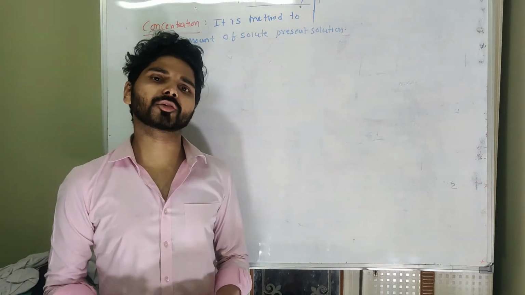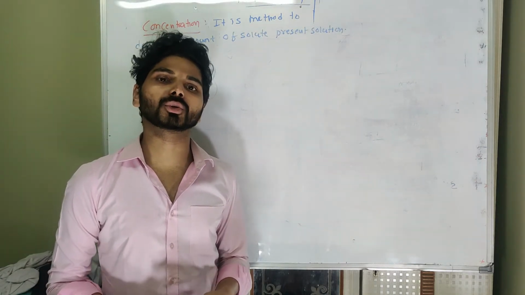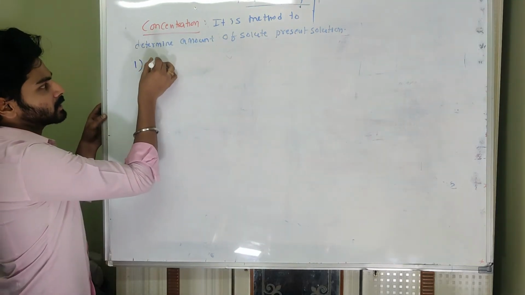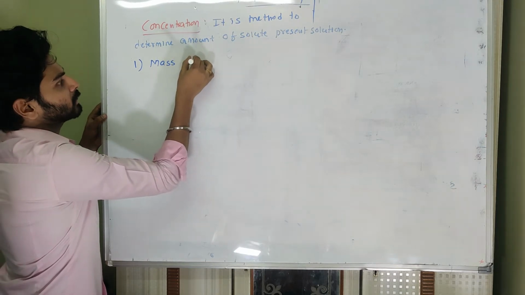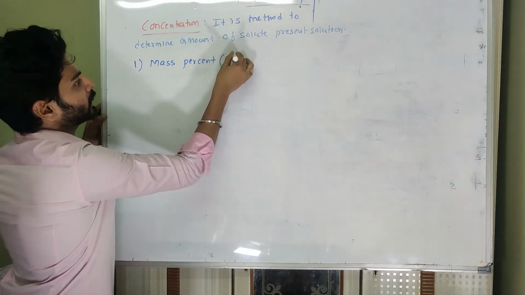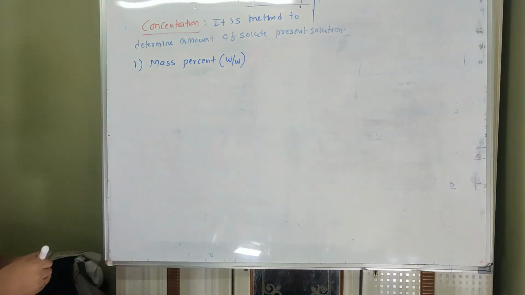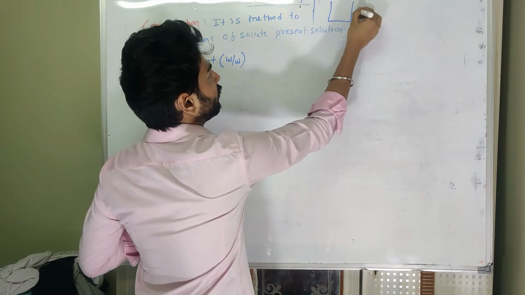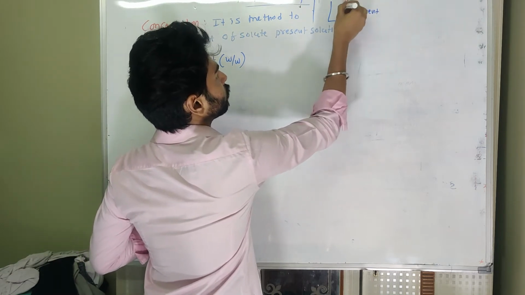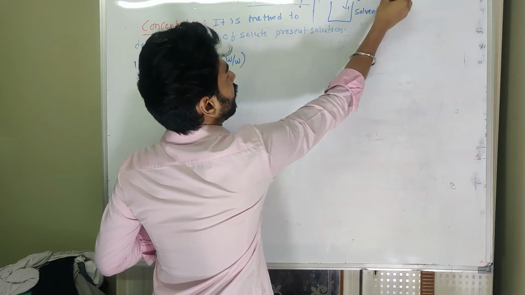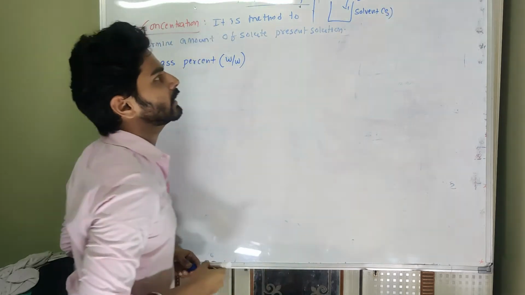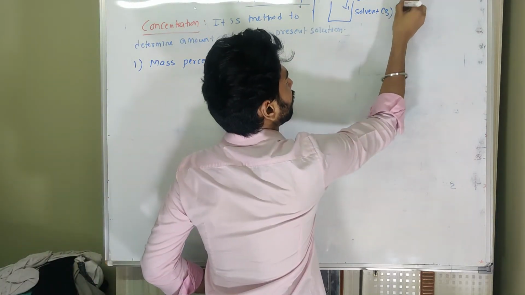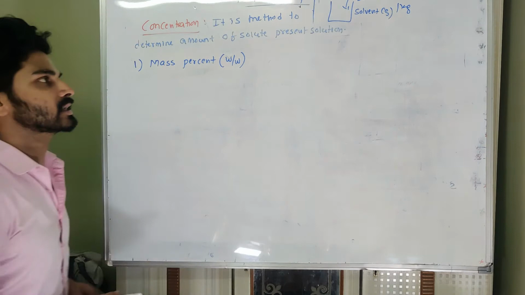Now we are going to study different methods of determination of amount of solute in solution. Number 1 is called mass percent. Mass percent, symbolically, is weight by weight, that means W by W. Think of a situation where we have solvent and we are going to add solute in it, and the amounts of solute and solvent are given in terms of gram or kg, that means mass of both solute and solvent is given to us.